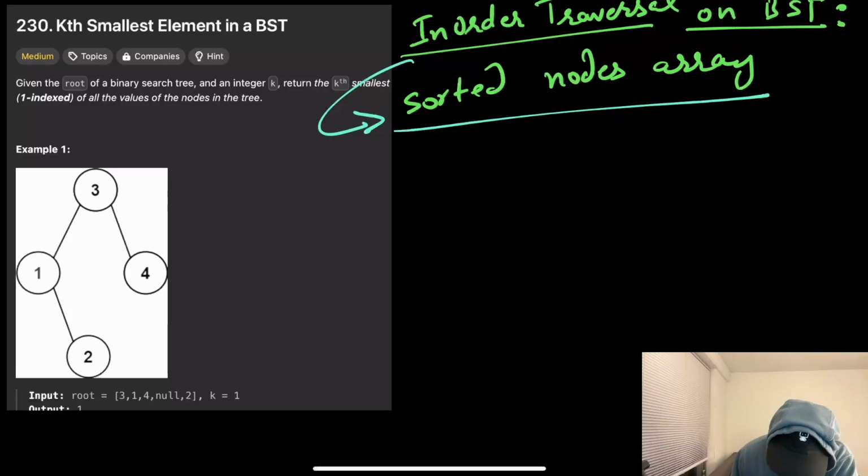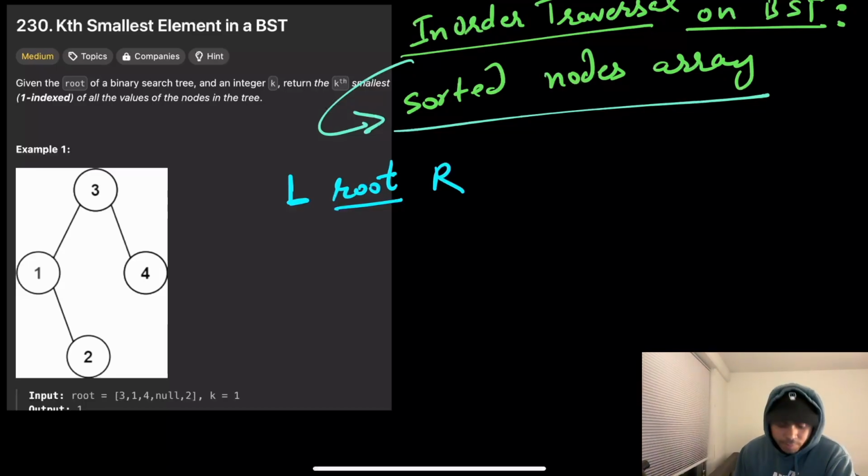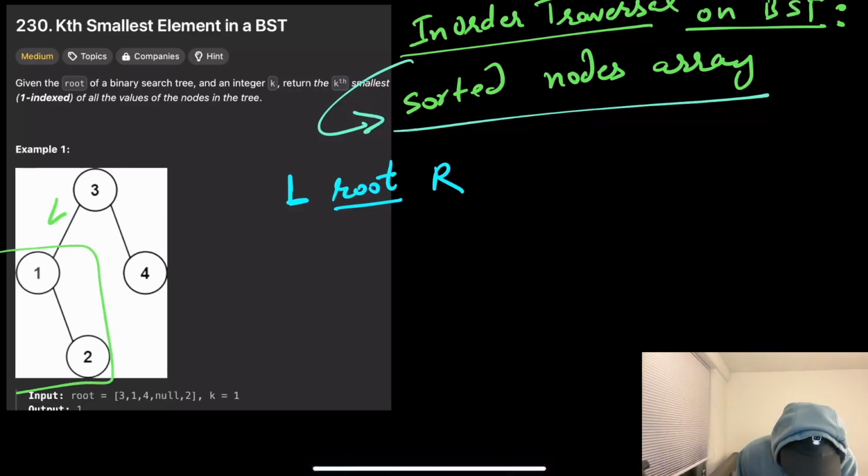Because in-order traversal means you process the left subtree or left child first, then you process the root, and then you process the right child or right subtree. And since it's a BST, the root will be greater than the left subtree, and the root will be lesser than the right subtree.